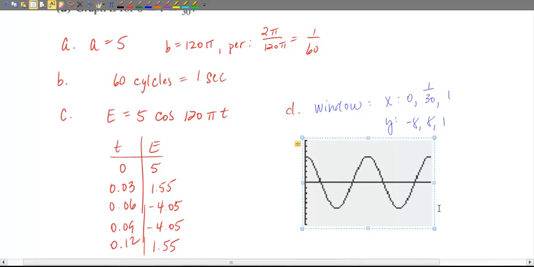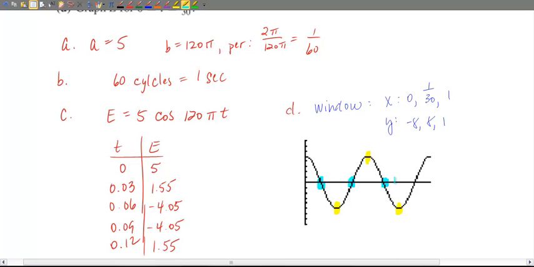Don't forget that on your calculator you can use the min and the max buttons to find out those values right there. You can also find the intercepts, which would be these values right here. There's a couple of different methods for you to be able to find the x-intercepts. Whichever method you're already familiar with is going to give you those right there.